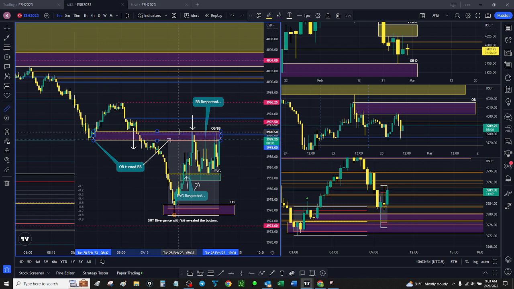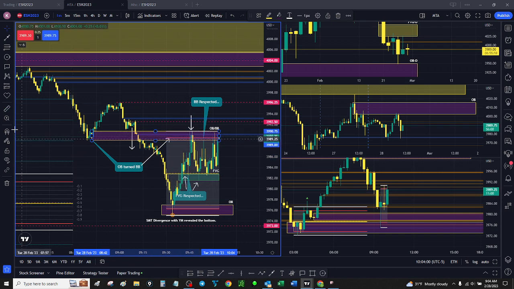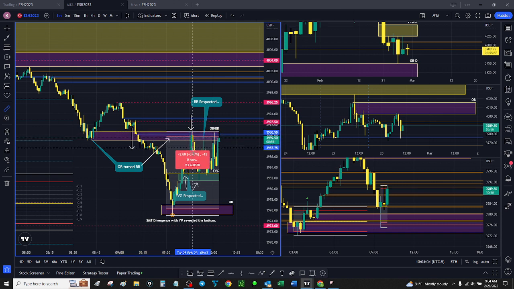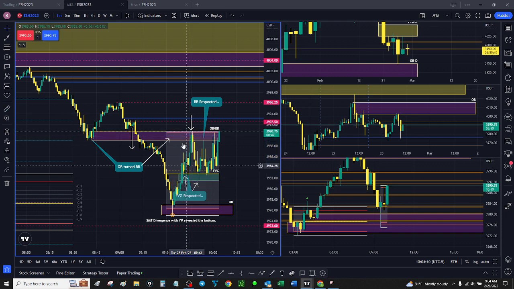So just from here, 6 points, 6.25 points there. If you measure it from this, if I would have got in on this one, you're looking at 9 points to this point right here. So just that order block breaker block combination right there would have got me my day's trade. I'd have been done. But it gets better.